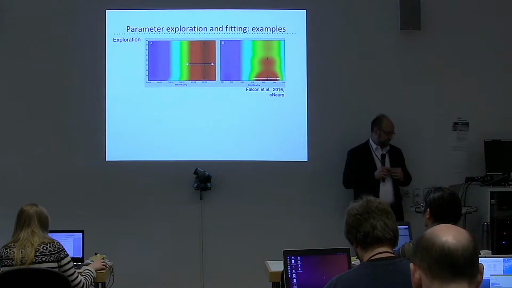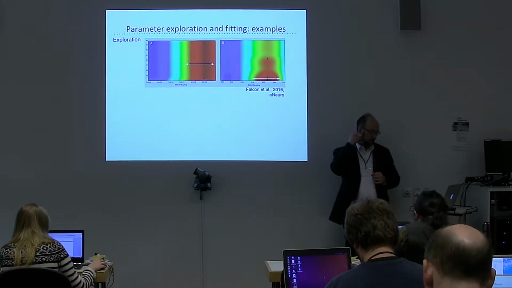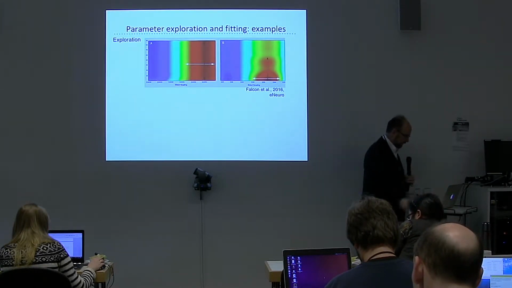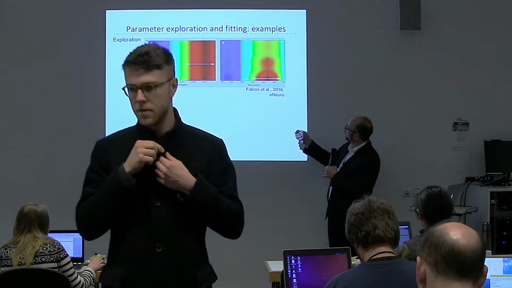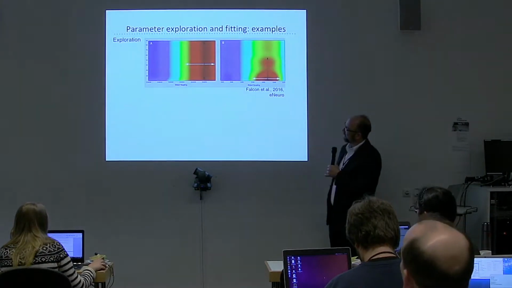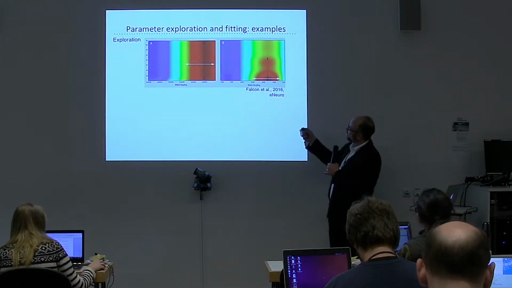And these are kind of the maps you can get out of The Virtual Brain to look at the behavior of the system as a function of different parameters. This is the global coupling parameter here, and this is conduction velocity up here. What this is showing is a control subject and one with a stroke.